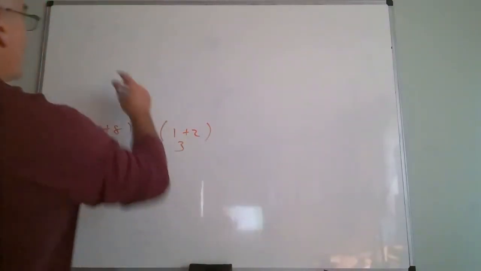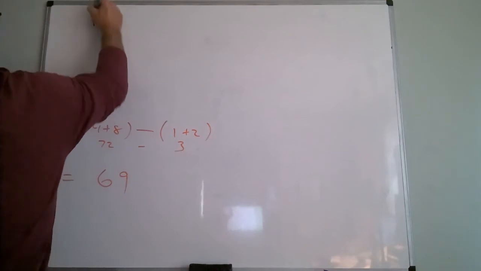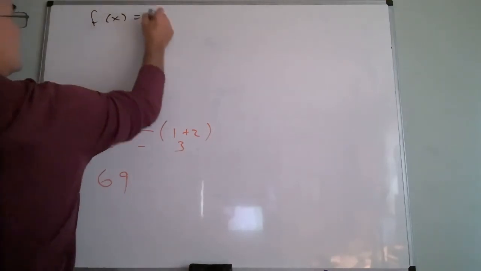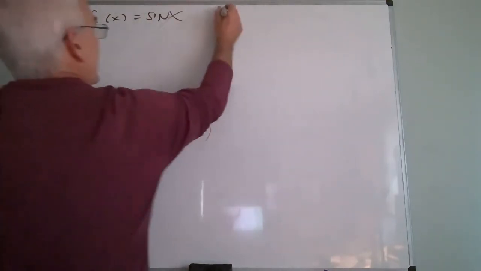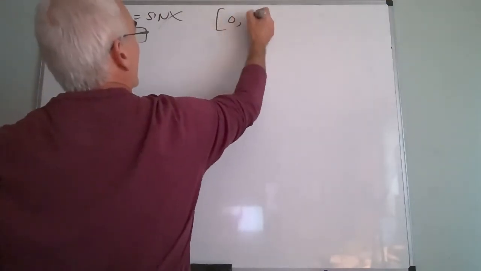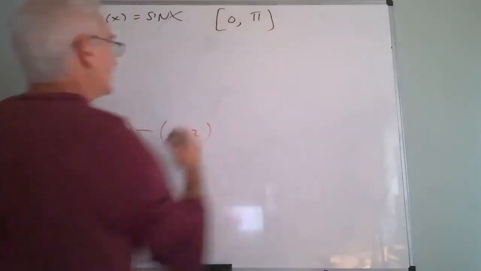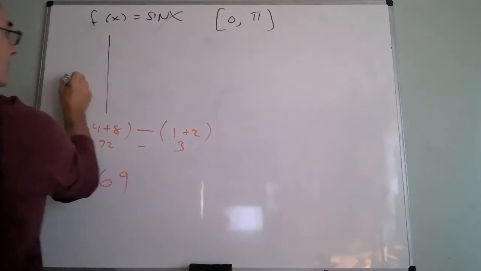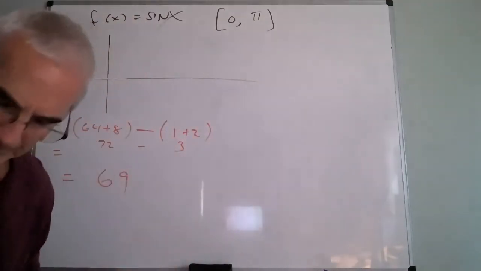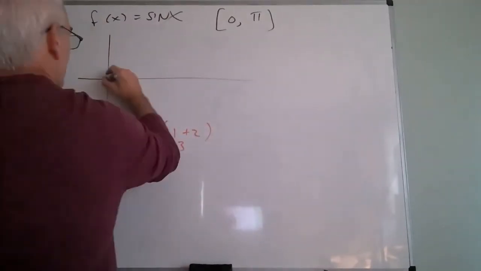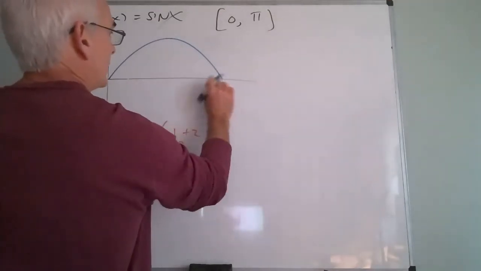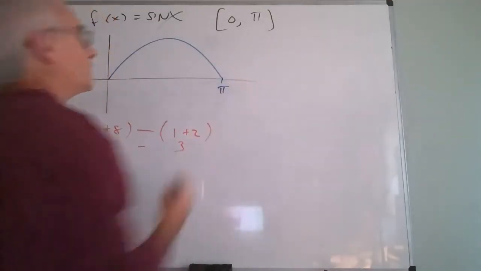So let's consider f of x is the sine function, and I am interested in one hump of the sine wave. I know what a sine wave looks like, but I only want to go from here to here.